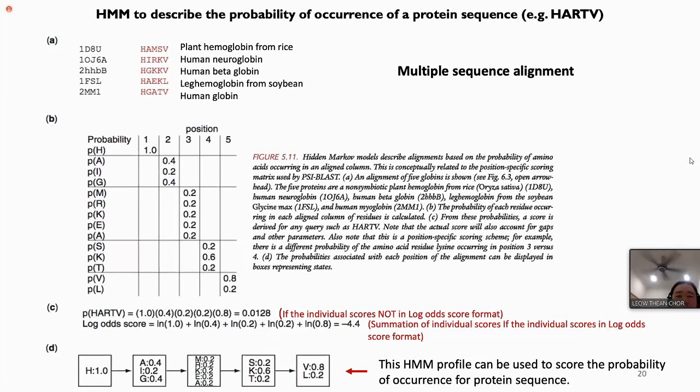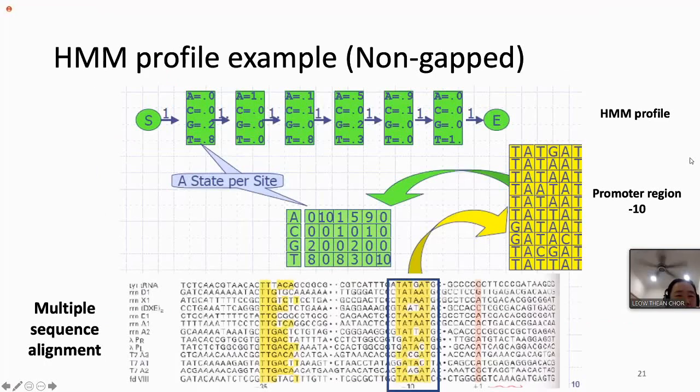However, most multiple sequence alignments contain deletions and insertions. Usually there is no multiple sequence alignment without insertion or deletion. Most probably there are insertions and deletions. These are examples of the non-gap HMM profile, the ones without gaps.